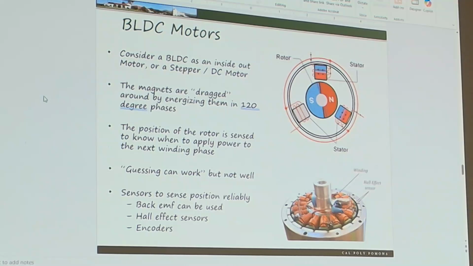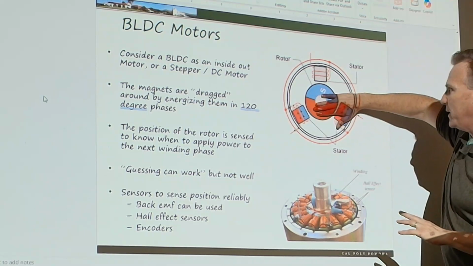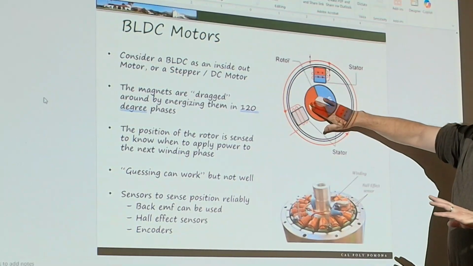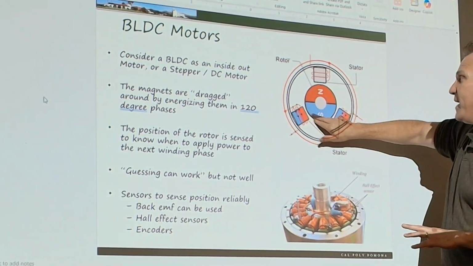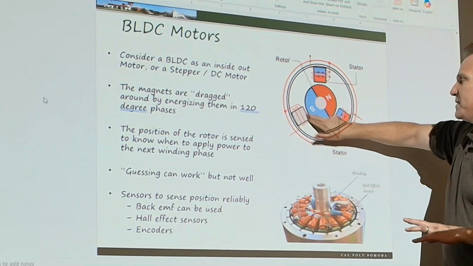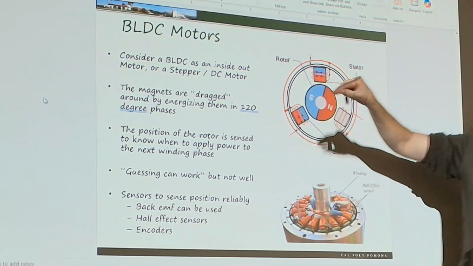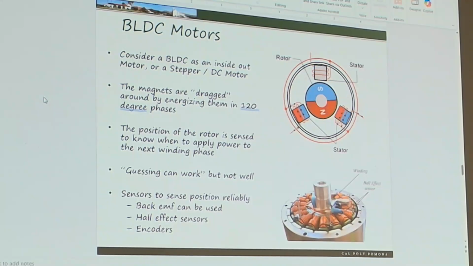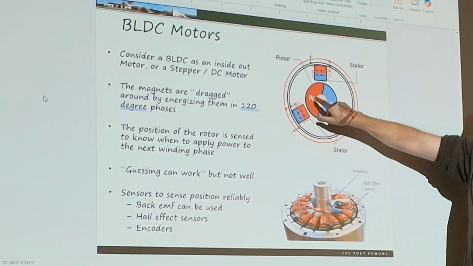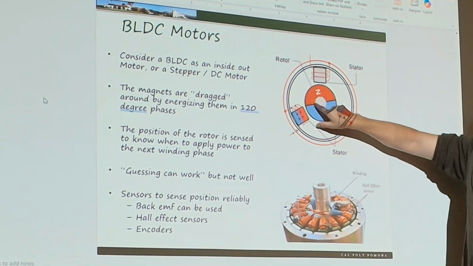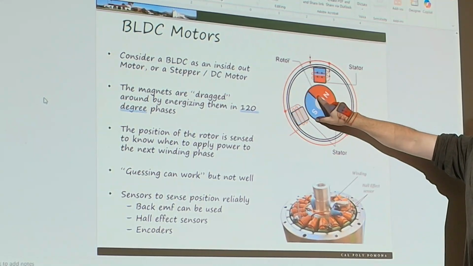Okay, we can do a controller knowing if I can have some knowledge of where that rotor is. Stepper motors don't, but BLDCs can. If I can measure the amount of current that's fighting me as I'm coming through, then I can use that voltage or that induced current to tell me where this guy is coming around. I can measure that.